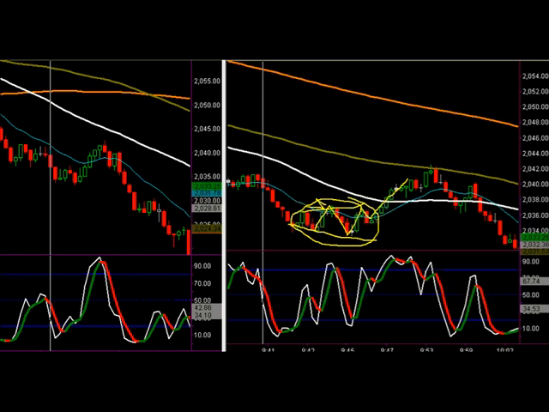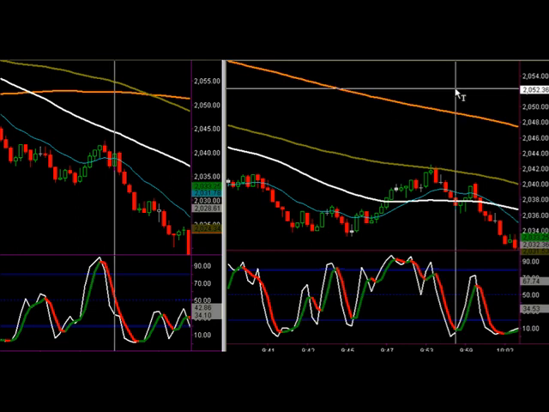Okay, so that is number 2. That is approach number 2. And then the third one is dealing with the reality that most of the time the market does not go into megatrends.